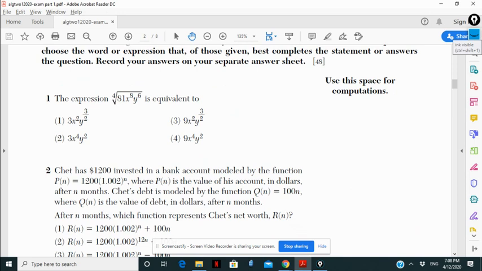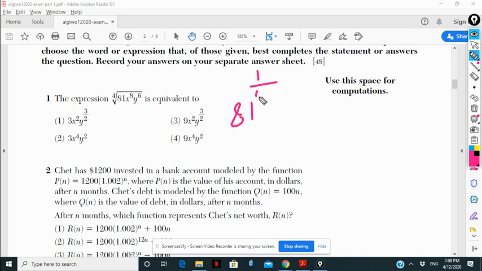The first question asks which expression is equal to the fourth root of 81x to the power 8 y to the power 6. I can write this in the form 81 to the power 1/4, x to the power 8/4, y to the power 6/4.